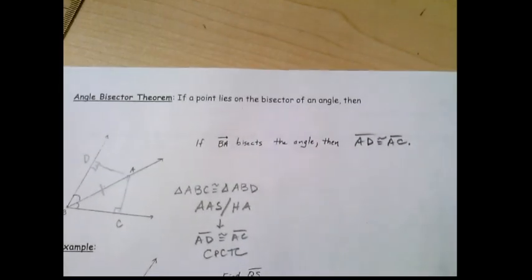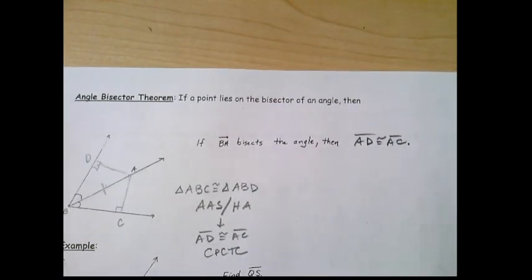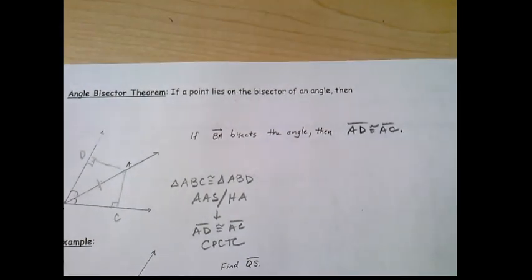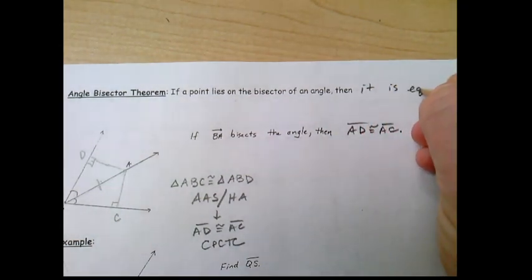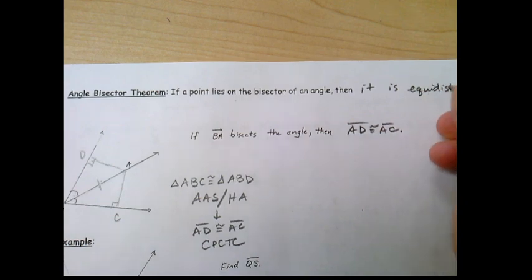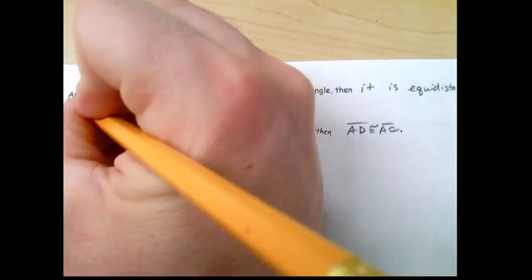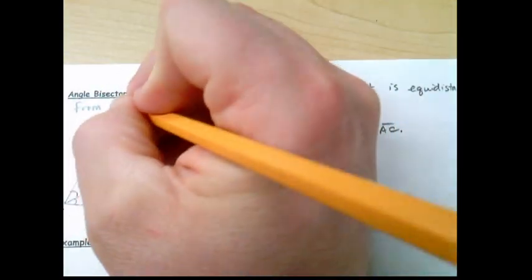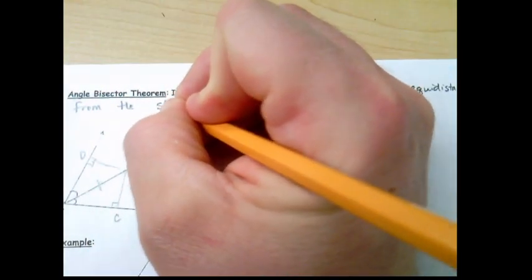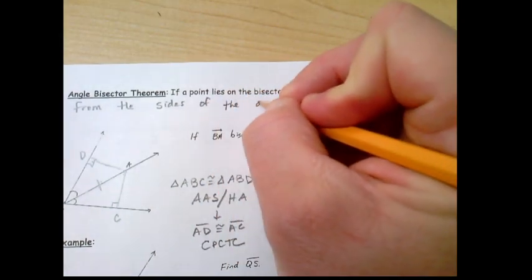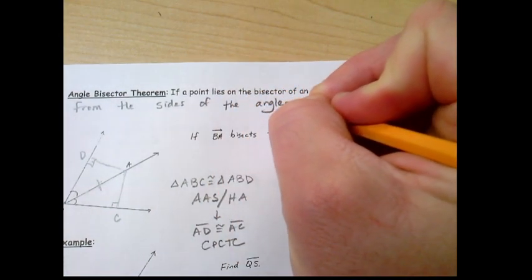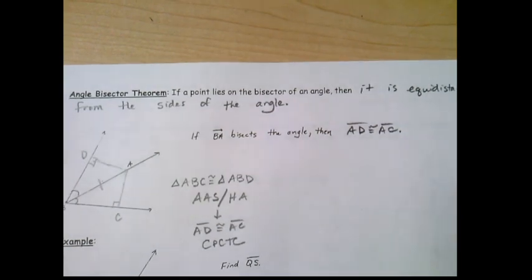And what the theorem reads is this: if a point lies on the bisector of an angle, then it is equidistant from the sides of the angle. There you go. Okay.